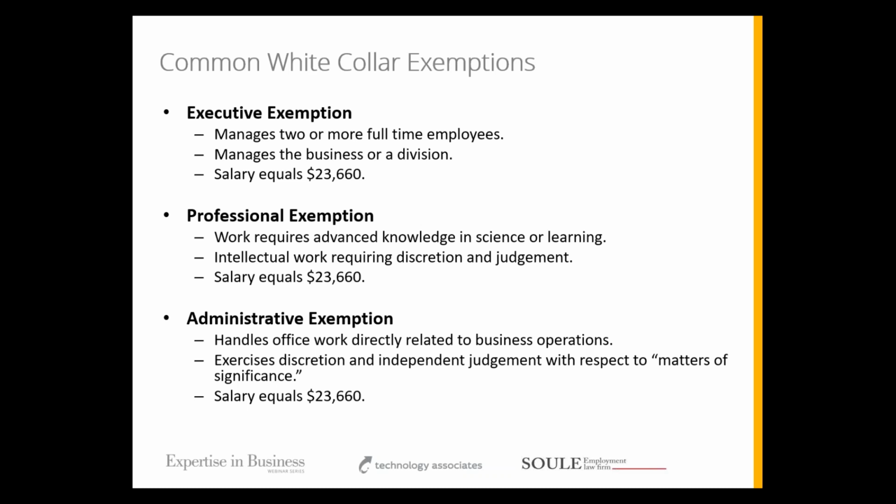If this person has the ability to negotiate collection payments or settle collection amounts, then that's probably going to be sufficient discretion and judgment, and determining money owed to the business will likely be a matter that's of significance to the business. So the administrative exemption, in addition to that salary requirement, requires that high level of judgment and discretion.